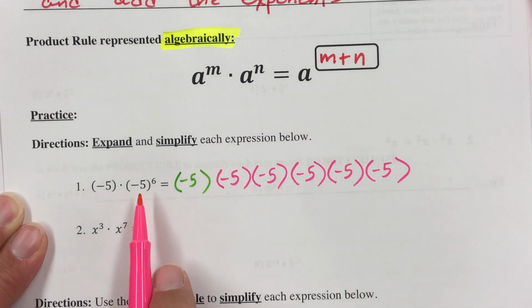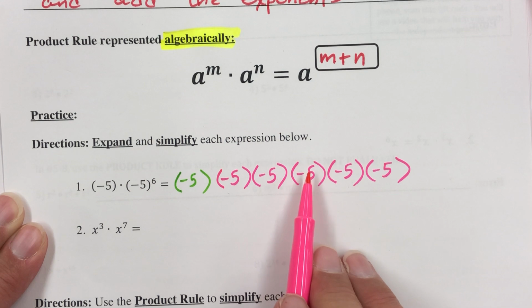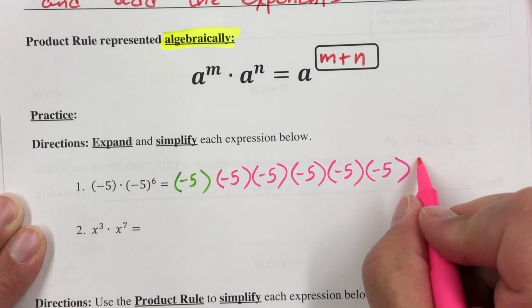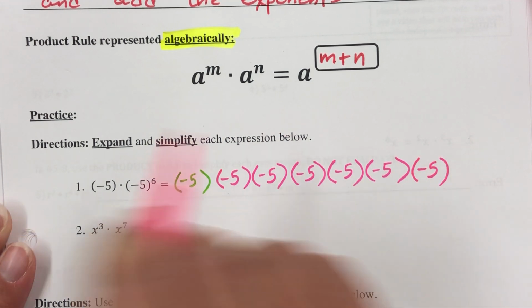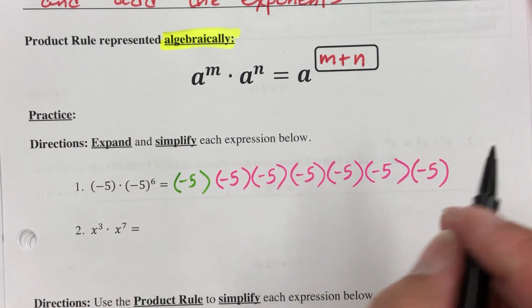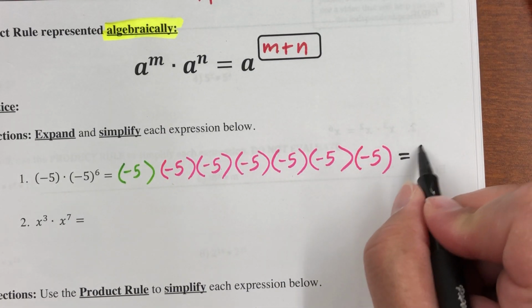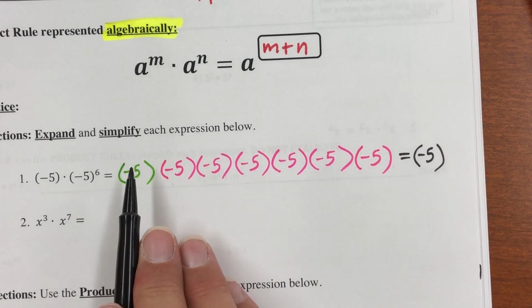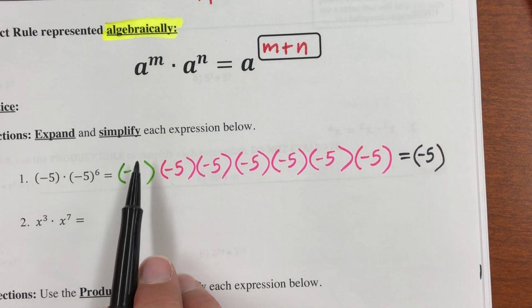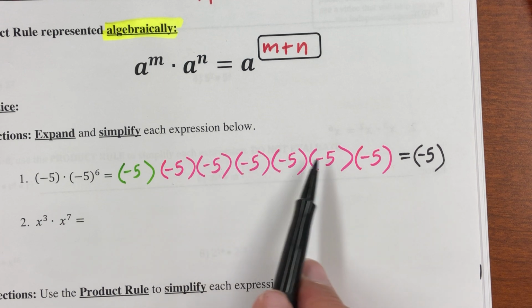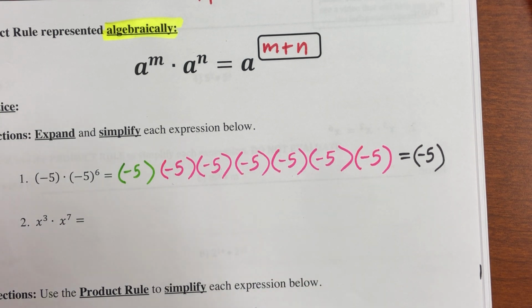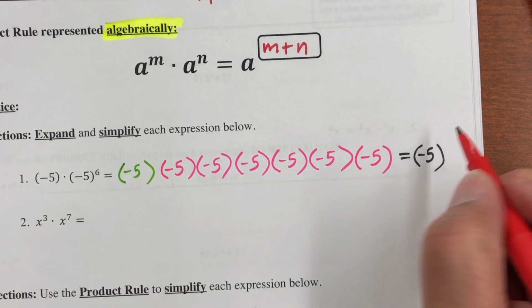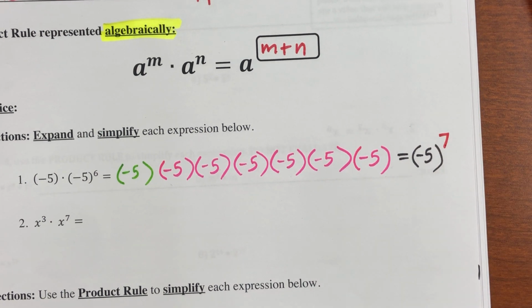And I'm going to double check. I have 6 of them. 1, 2, 3, 4, 5. Oh, I lost one. -5 to the 6th power. So keep the base, -5 in parentheses, and the exponent is how many times I used it as a factor. 1, 2, 3, 4, 5, 6, 7. I used -5 as a factor 7 times.